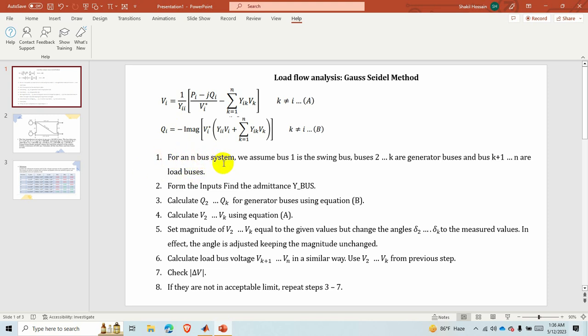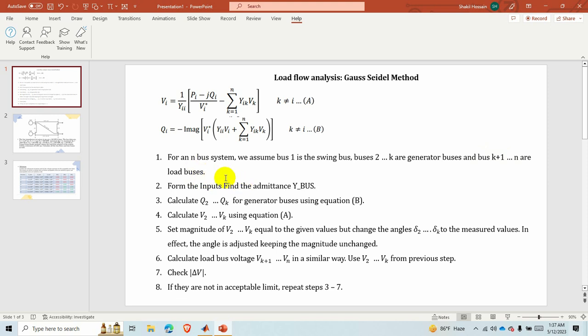We have n buses, so first we assume the first bus as a swing bus, 2 to k are the generator buses, and k plus 1 to n are the load buses.